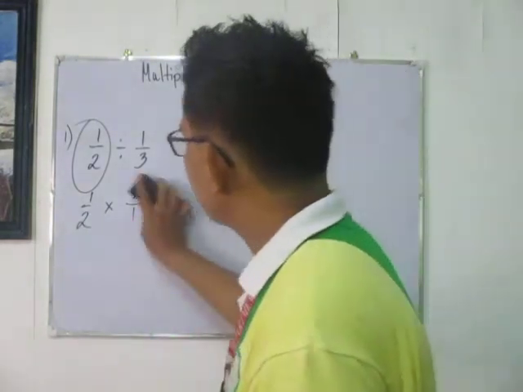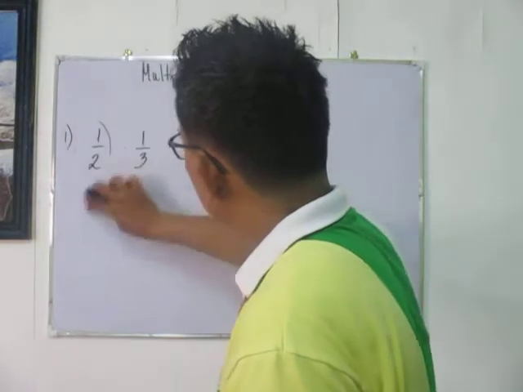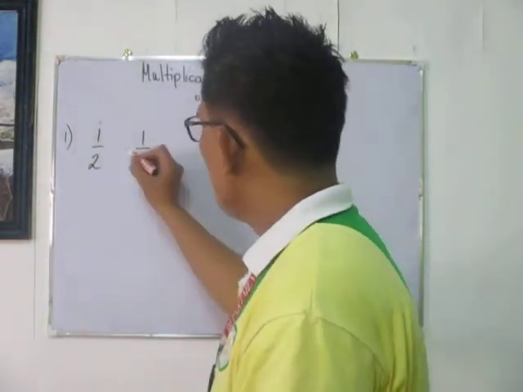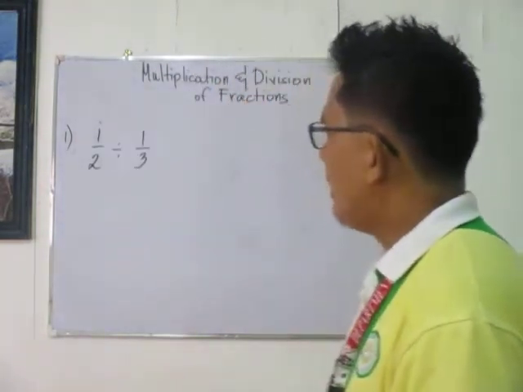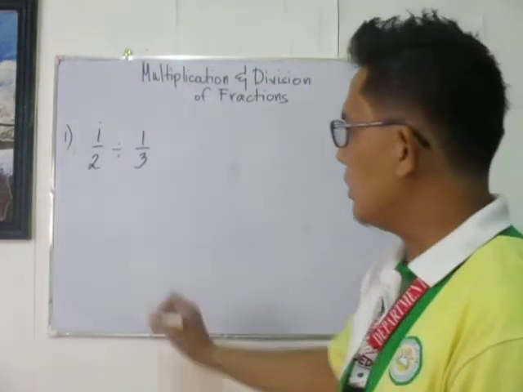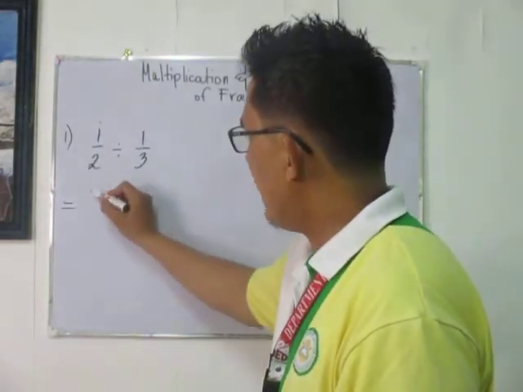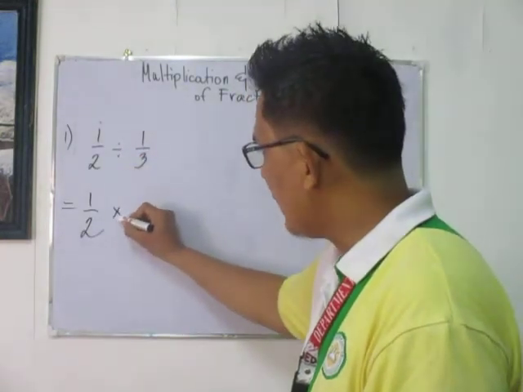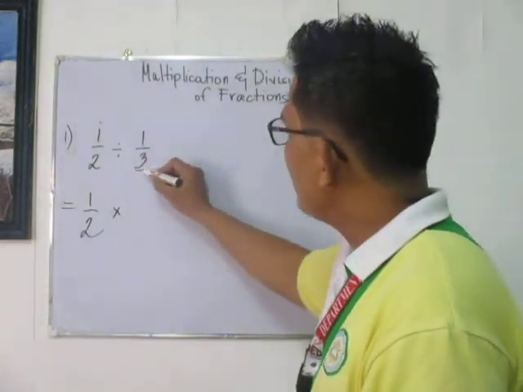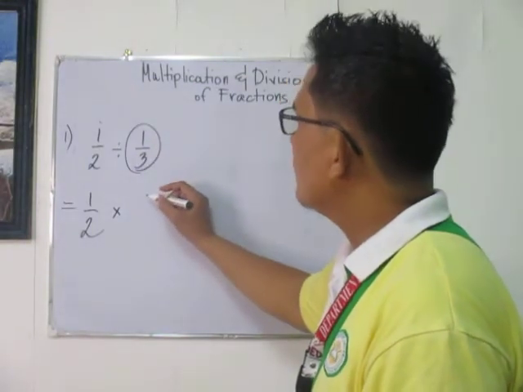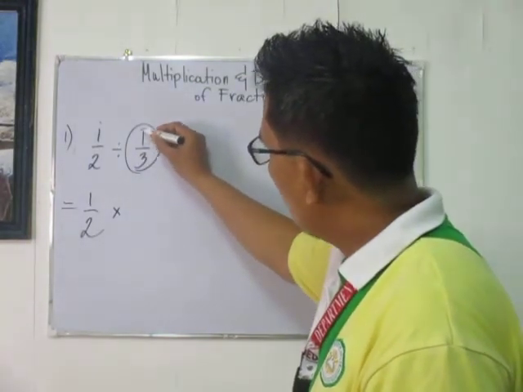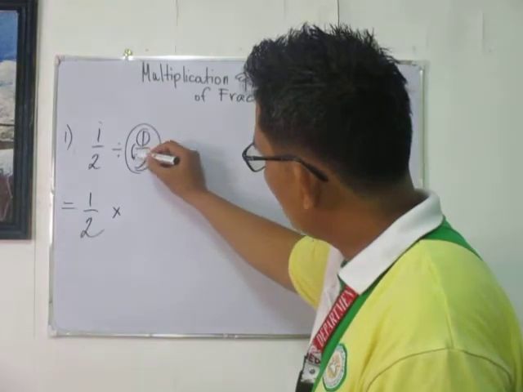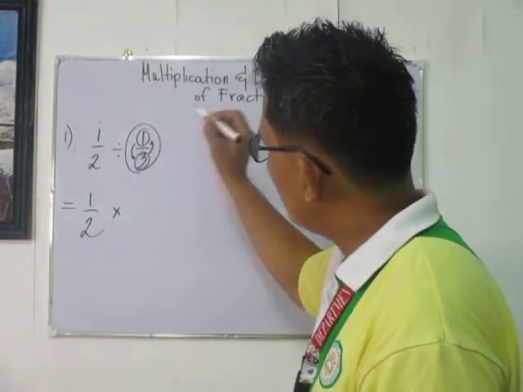So again, if we have 1/2 divided by 1/3, we copy your 1/2, change your operation to multiplication, then find the reciprocal of your 1/3, in which your 1 will be written down and your 3 will be written on the numerator.